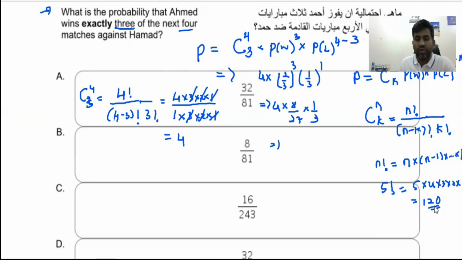That gives you 4 times 8, which is 32, over 27 times 3, which is 81. So the probability of winning exactly 3 matches out of a total of 4, with winning probability 2 by 3, is 32 by 81. Option A is the right answer to this question.